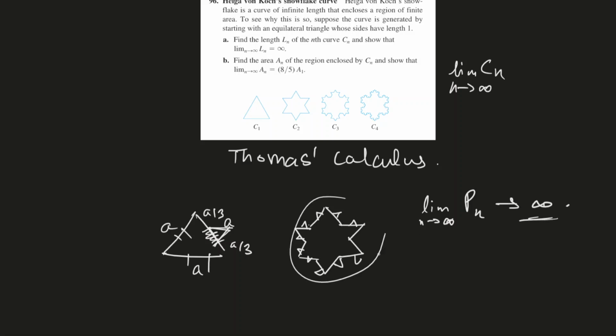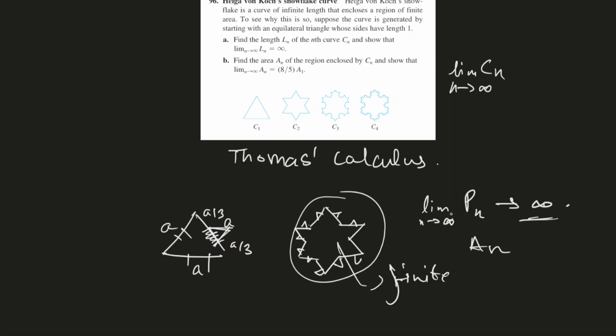But the area of this figure would still remain finite. So we would be able to compute the limit n tending to infinity of an, the nth C area, right? That is basically what the question is about. It's given that it's a curve of infinite length that encloses a region of finite area.